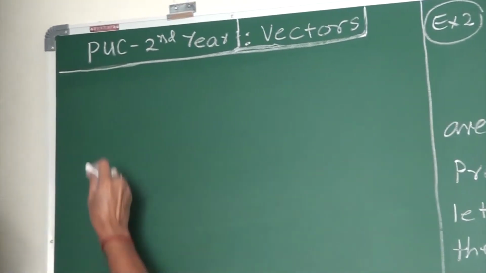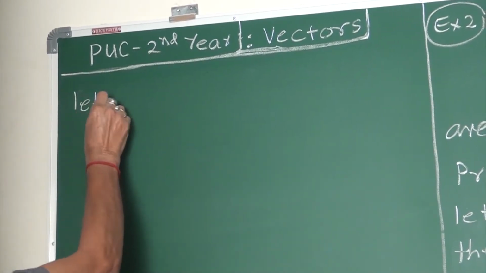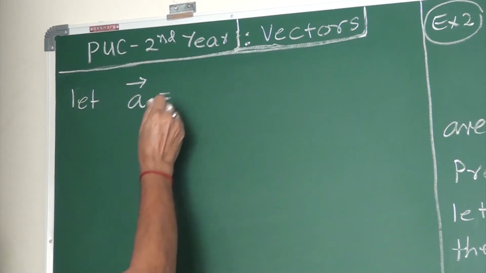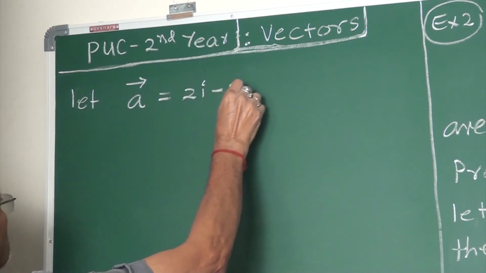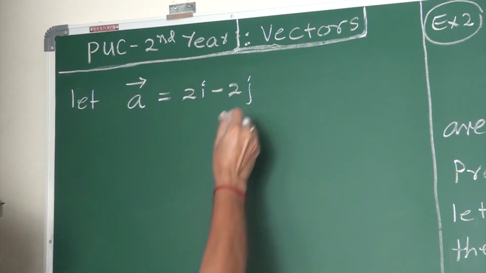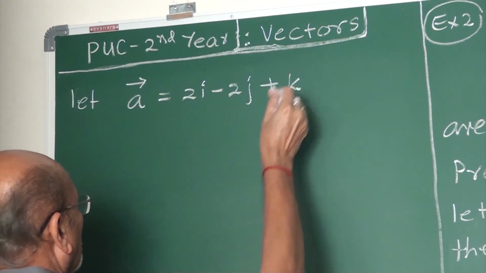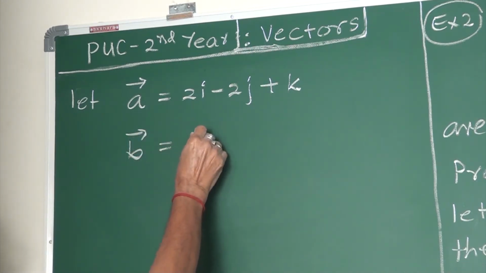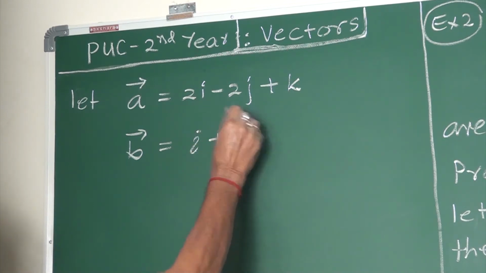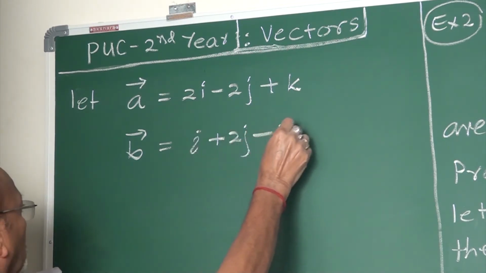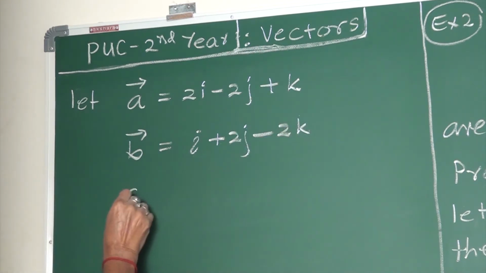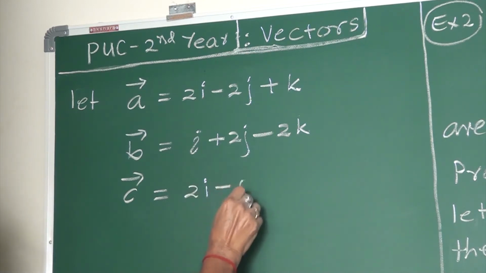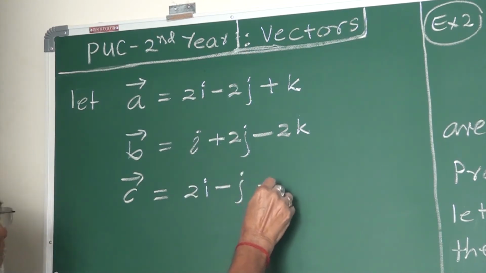Third example. Let vector A equal 2i minus 2j plus k. Vector B equal to i plus 2j minus 2k, and vector C equal to 2i minus j plus 4k.